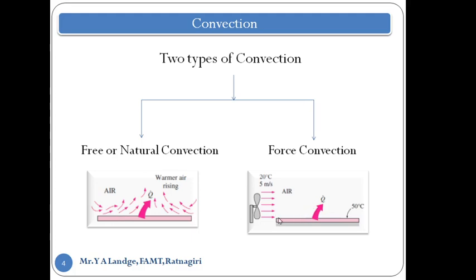But this is not the case here. It may gain just 30 degrees Celsius temperature and the molecule moves away. It is not necessary to reach 50 and then move away, because the fan is forcing the air molecules to move.